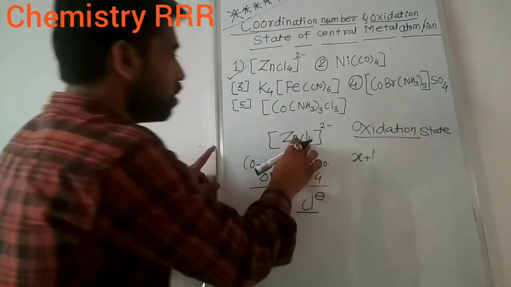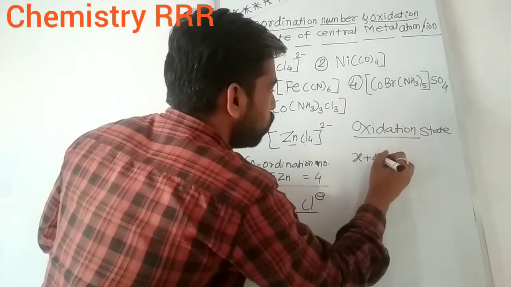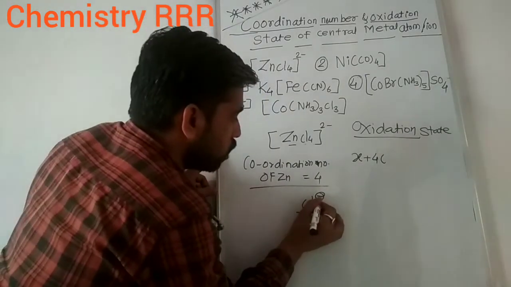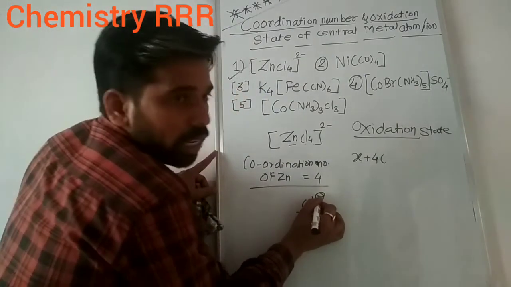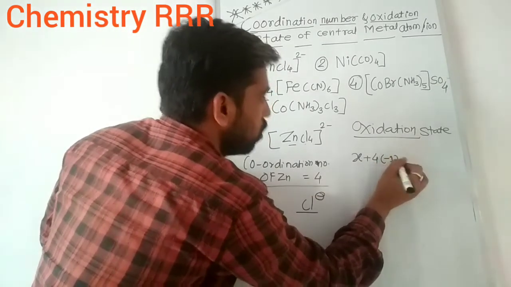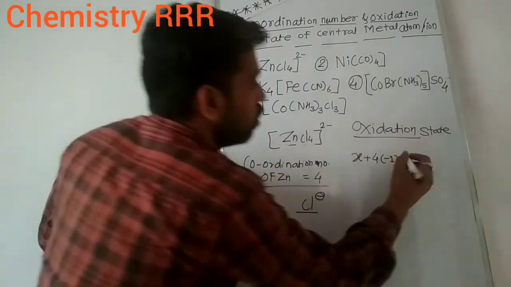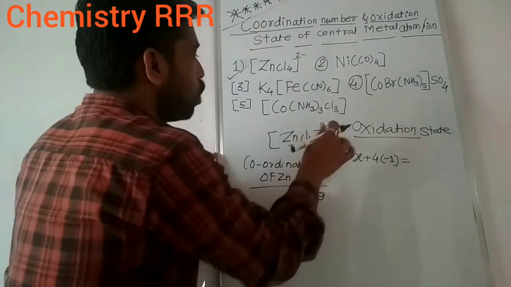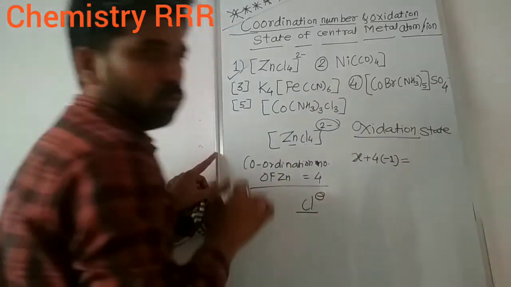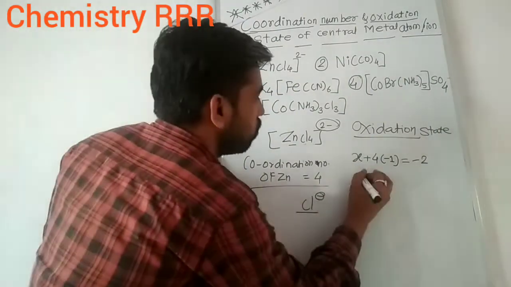How many chlorine are present in this complex? 4 chlorine. So 4 into the charge on each chlorine, which is -1. So 4 into -1 is equal to the charge on the complex ion, and the charge present on this complex ion is -2.